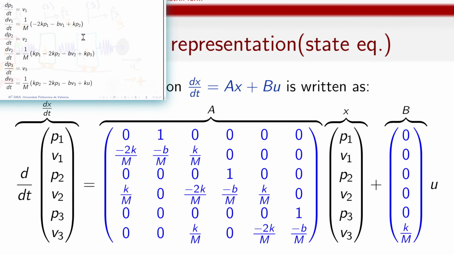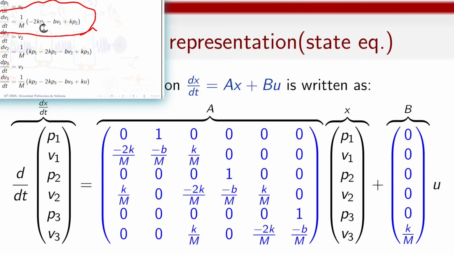Now, second equation, acceleration of mass 1. If we extract coefficients, we'll see p1 in here is multiplied by minus 2k divided by m. So this thing in the matrix product will be multiplied by p1. So that's why this factor builds that coefficient. Now, speed 1 is multiplied by minus b over m.